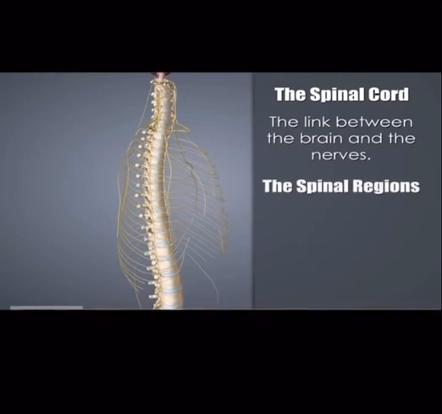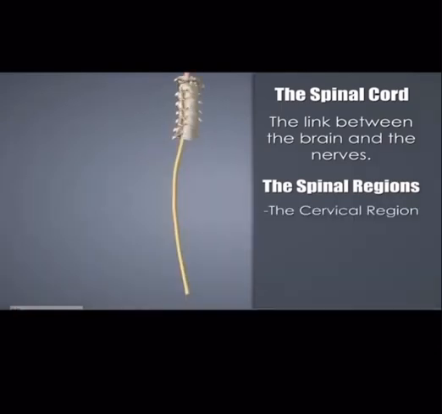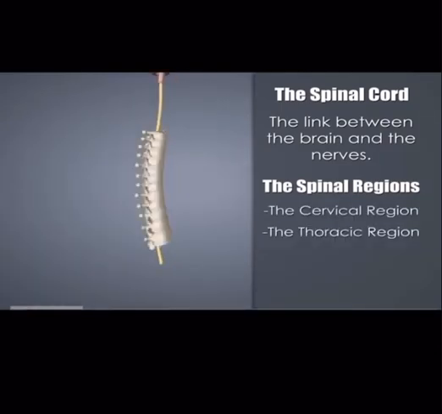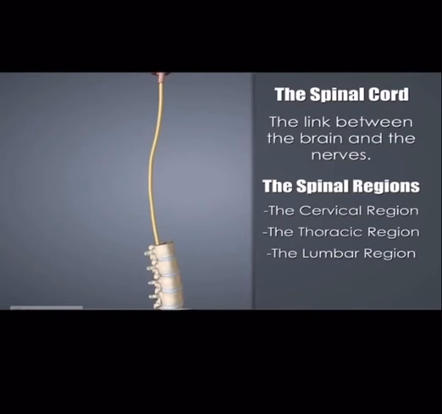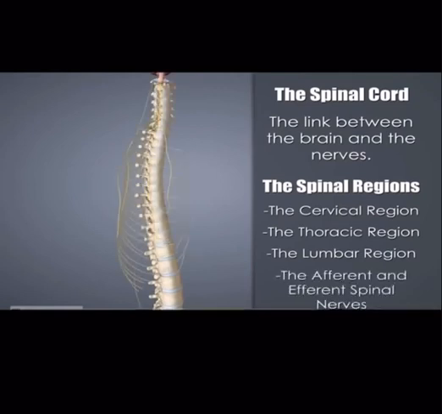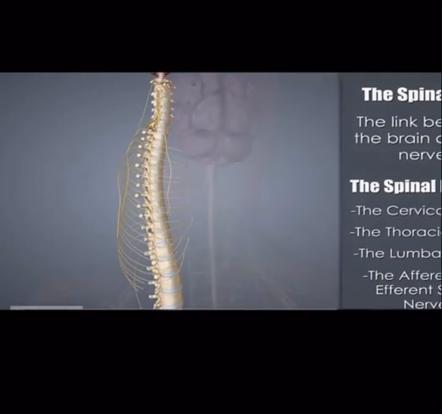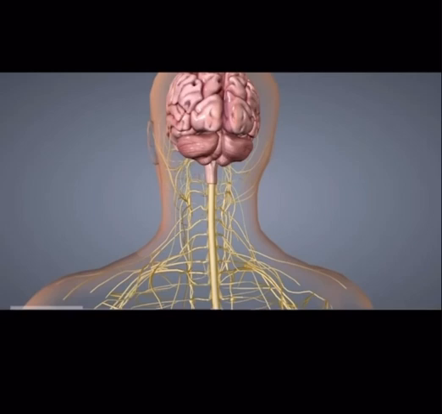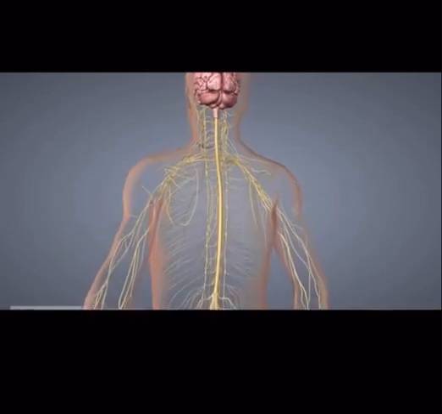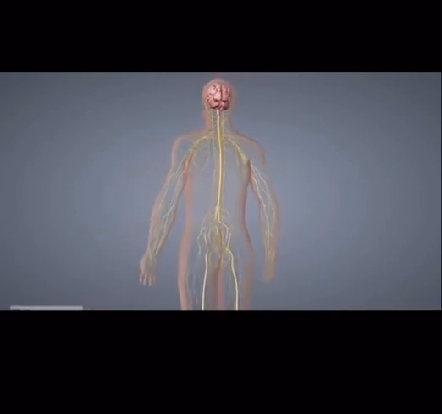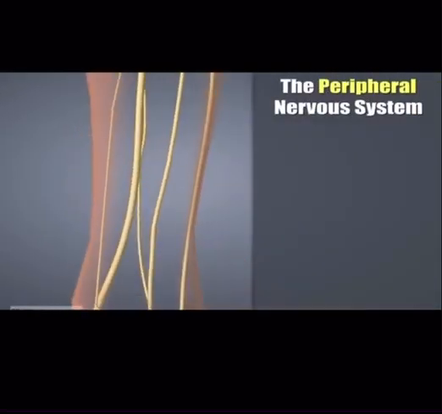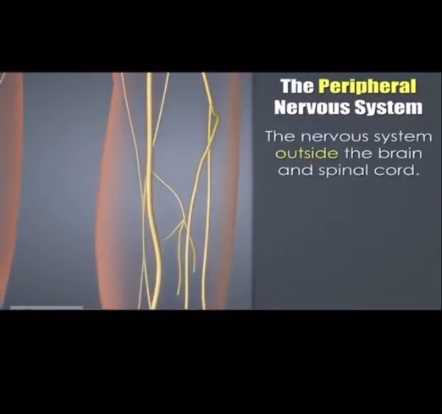The other half of the central nervous system is the spinal cord, which links the brain and the rest of your body. The spinal cord is divided into four different regions: cervical, thoracic, lumbar, and sacral. It differs from the efferent nerves of the peripheral nervous system.